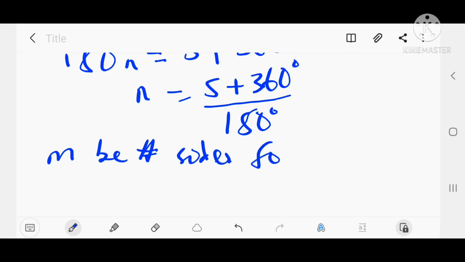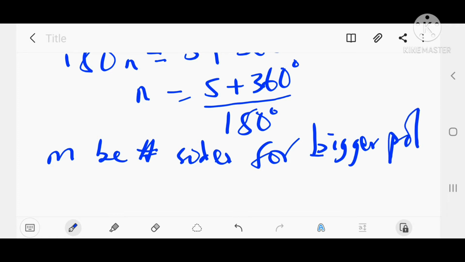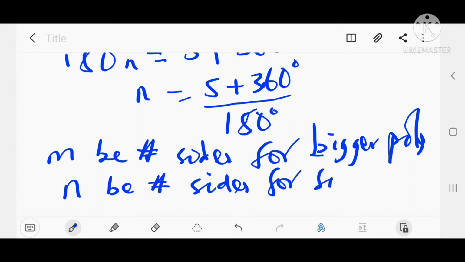for the large polygon, or the bigger polygon, and n be the number of sides for the smaller polygon.